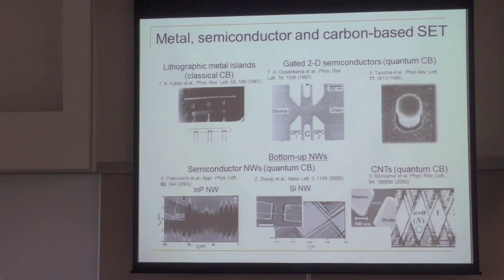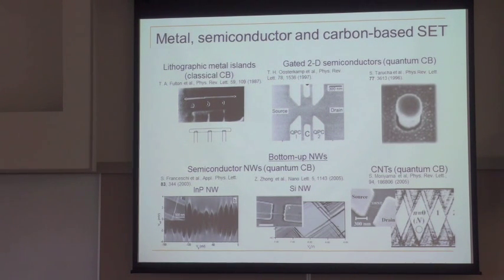And the SET is well studied by using various kinds of material. For example, lithographic metal is used in the early study of SET. And then SET with a gated two-dimensional semiconductor is developed by microfabrication technique.